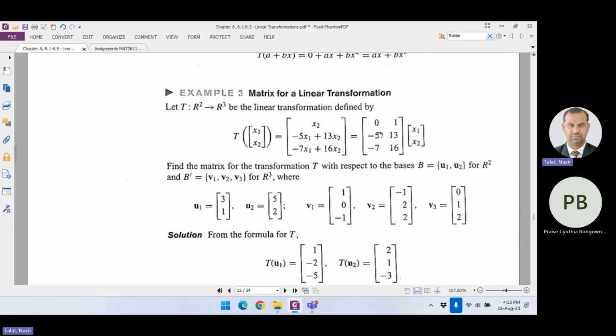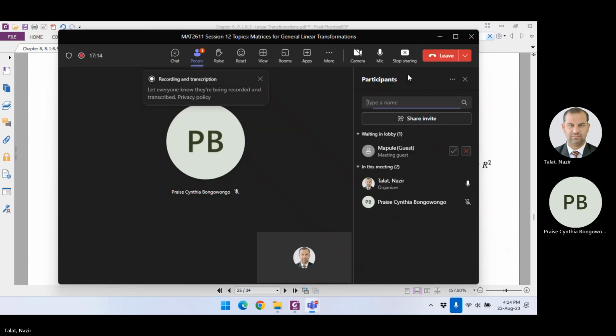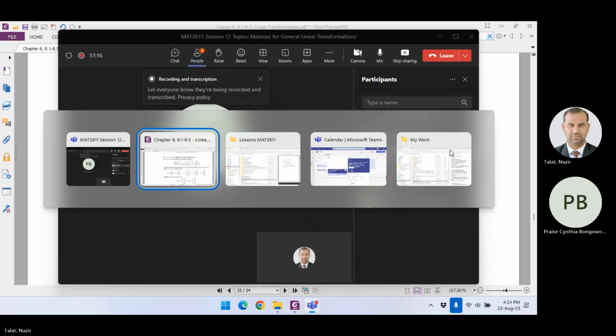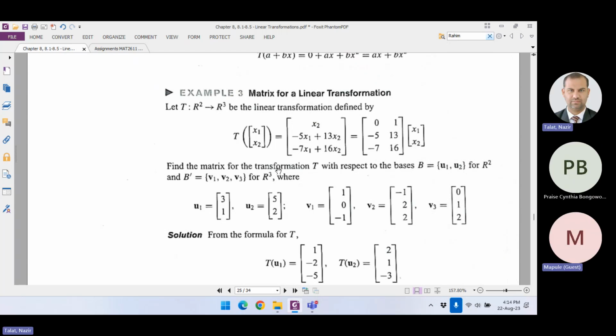Over here we can write the coefficient matrix of that one, which will be equal to, for example, it will take the elements 0 plus x2, meaning 0x, and similarly minus 5, 13, minus 7, and 16. So we can get a standard matrix of T.